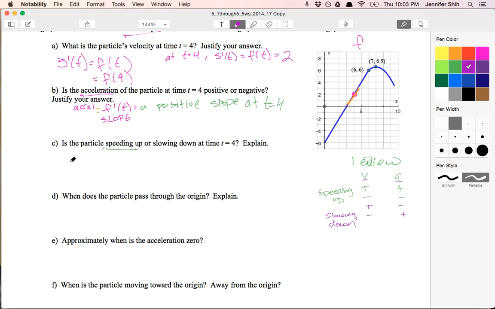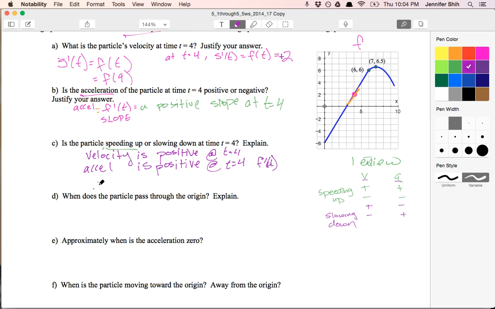Okay, so now we need to see, we said that the velocity is positive at t is equal to 4. Oh, I'm sorry. The value is positive at t is equal to 4. It's equal to positive 2. And then the acceleration is also positive because we said that it was positive at t equals 4 because it's f prime of 4, the slope.